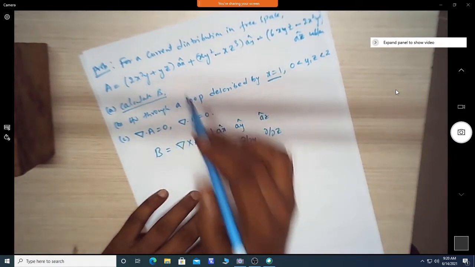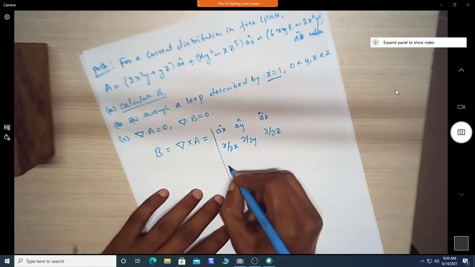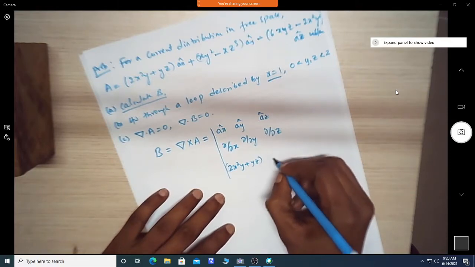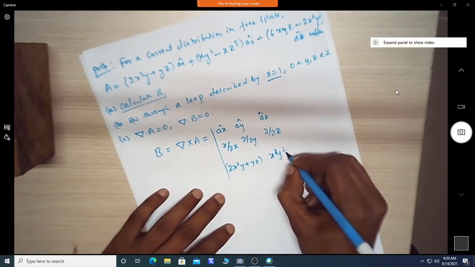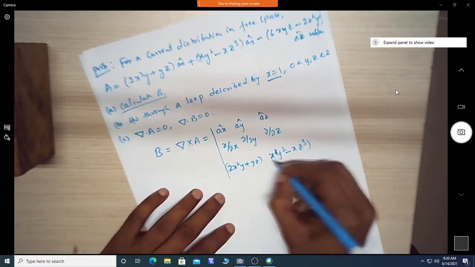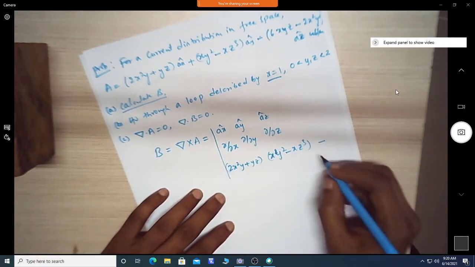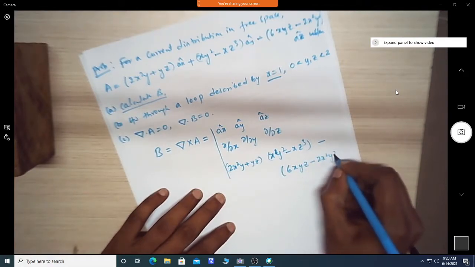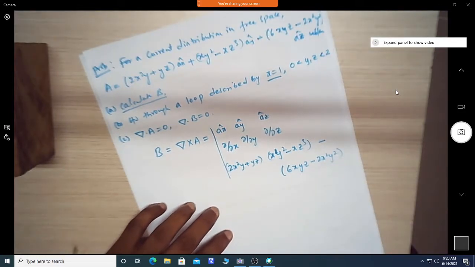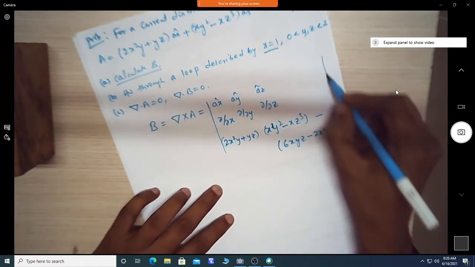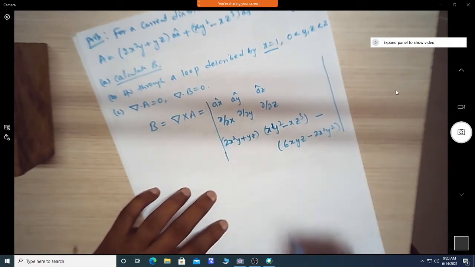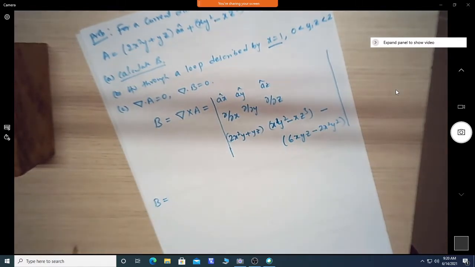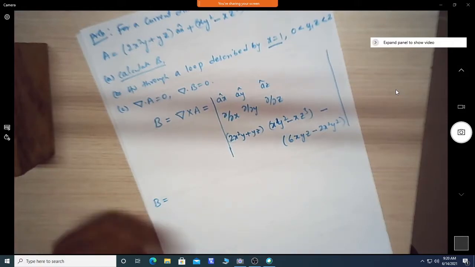Put the values of the AX, AY and AZ components: 2x square y plus yz is the first component, xy square minus xz cube is the second component, and minus 6xyz minus 2x square y square is the third component. So this is the matrix. Try to find the B and tell me the answer. What is B?